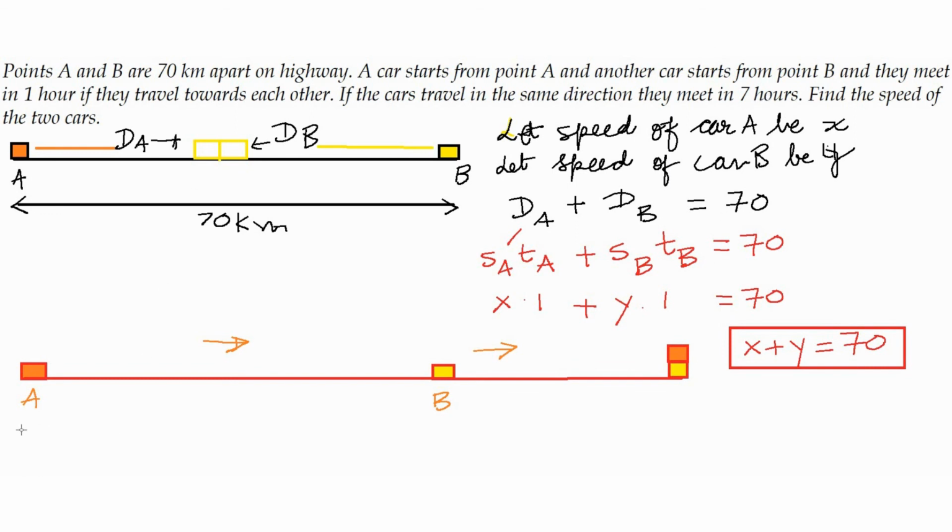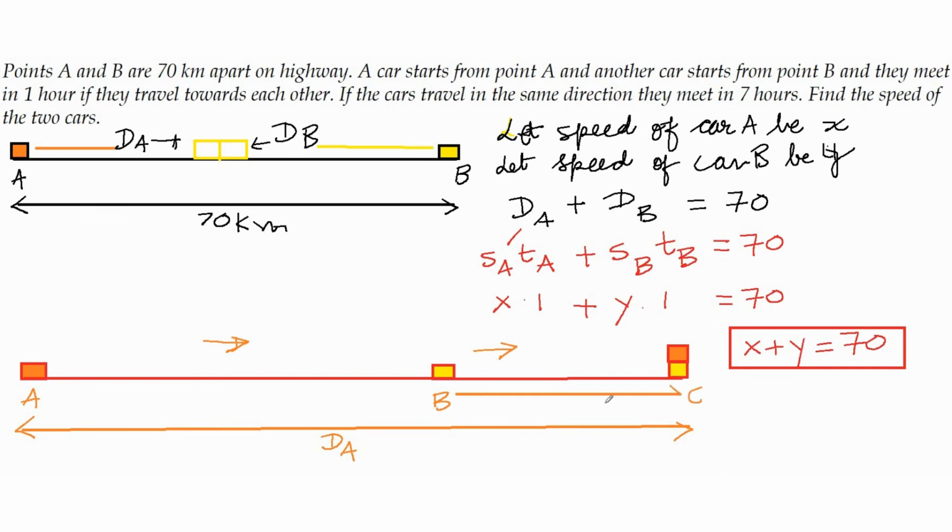So this is the complete distance traveled by car A. Let us label that. This is the complete distance traveled by car A, and the distance traveled by car B is this much, the distance between, say, the point B and C. Let's label this as C. So this is the total distance covered by car B, right?